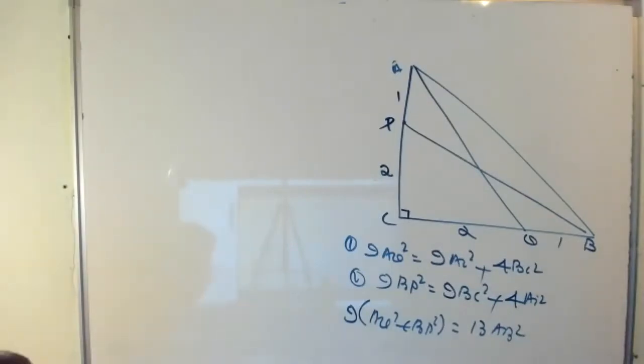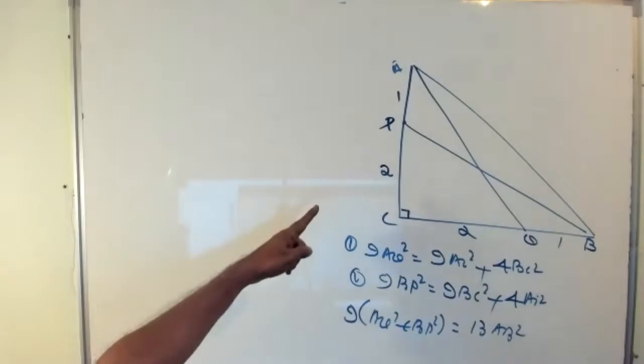Question. In triangle ABC, angle C is 90 degree. P and Q are points on the sides CA and CB in the ratio 2:1.